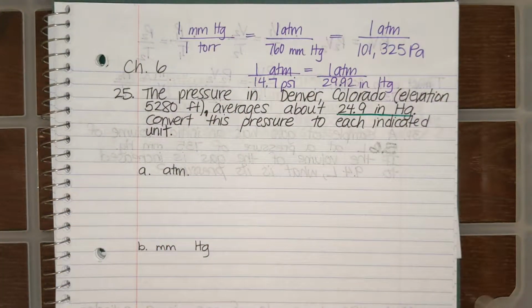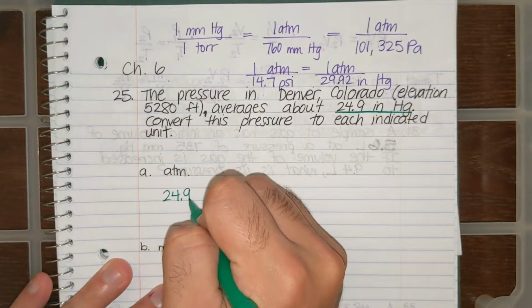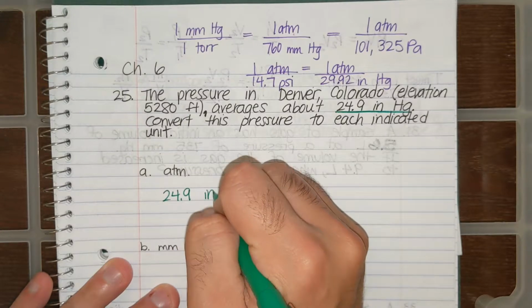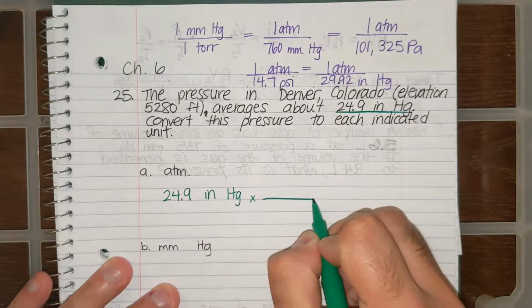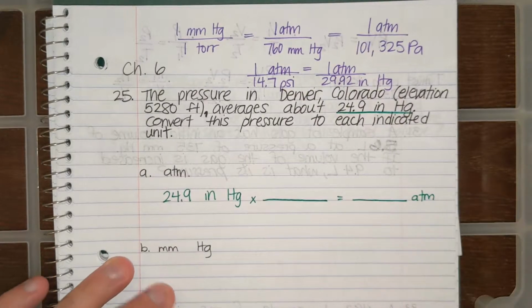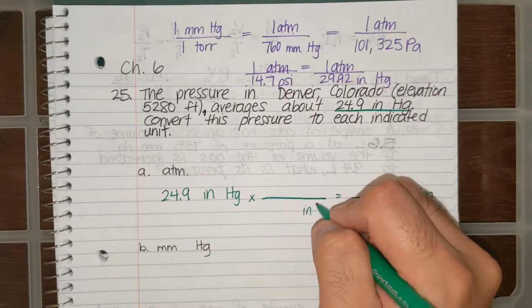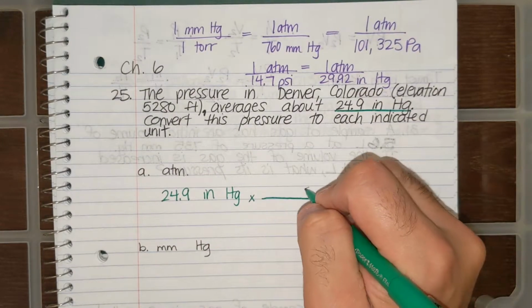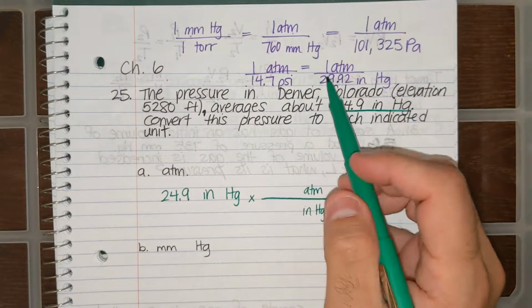So I'm going to do this using dimensional analysis. I start with the unit that I have, which is 24.9 inches of mercury. If I want to convert this to atmospheres, I put inches of mercury on the bottom and atmospheres on top. I have to find one of these conversion factors that has that right here.